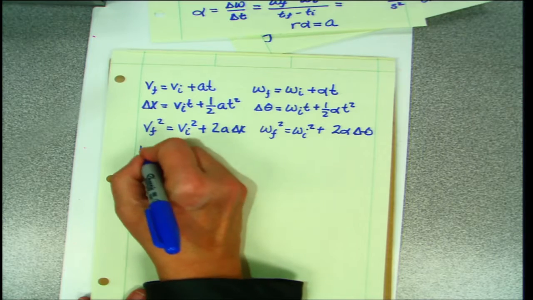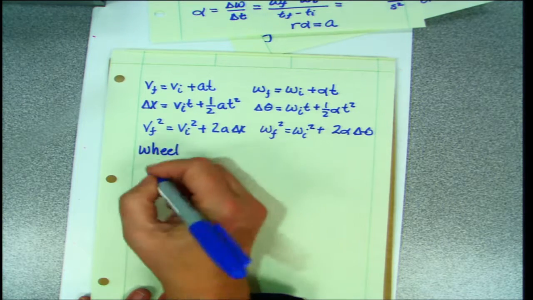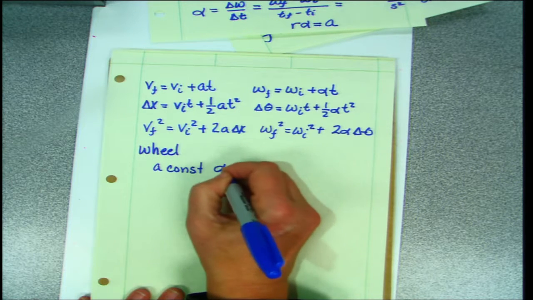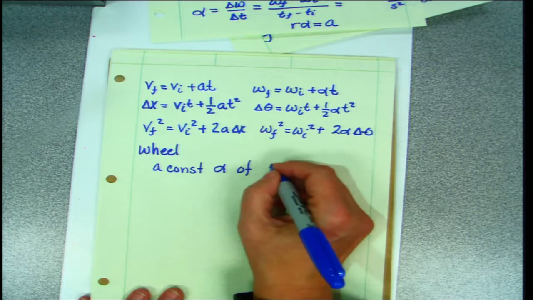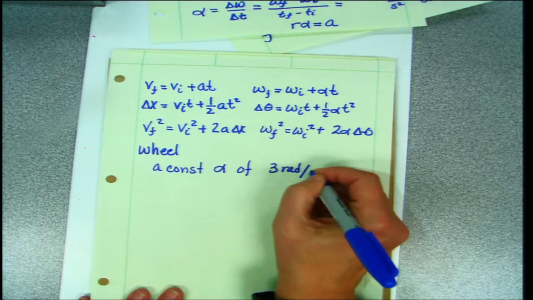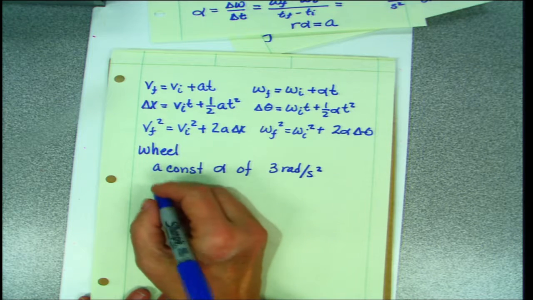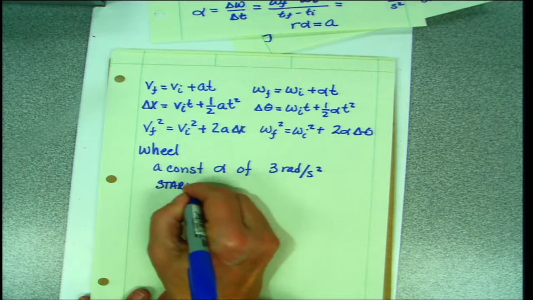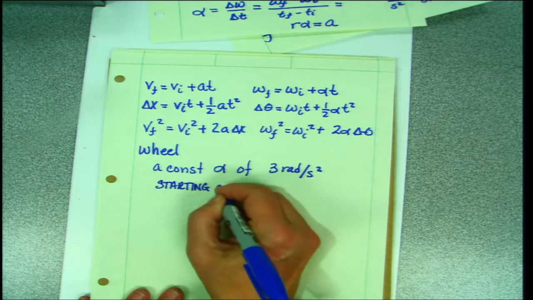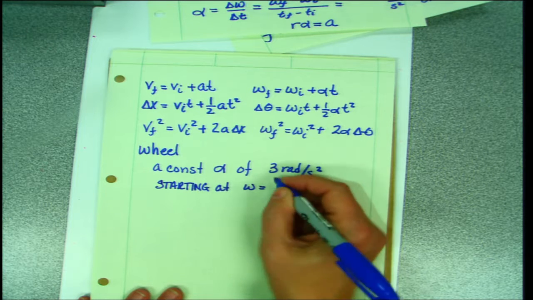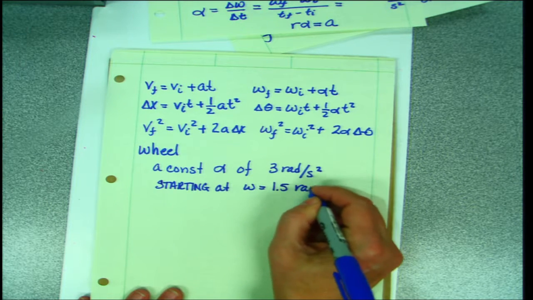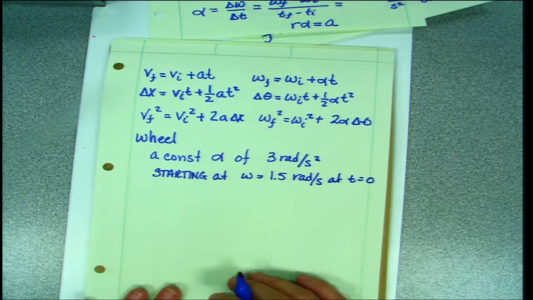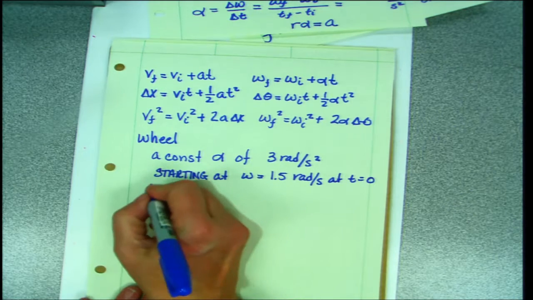We are starting at an angular velocity of 1.5 radians per second, and that's at time t equal to 0. We want to find the change in angle from t equals 0 to t equals 1.5 seconds. And we want to find the angular velocity at t equal to 3 seconds. So that's what we want to do.